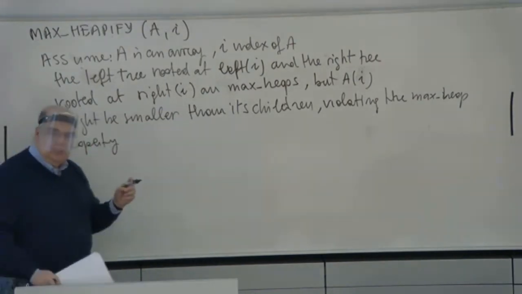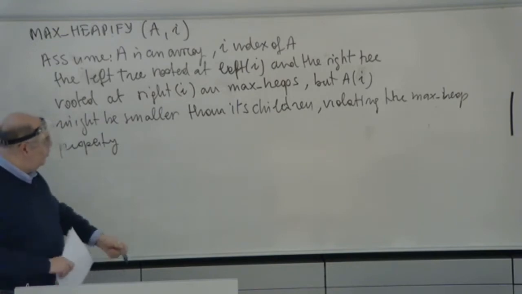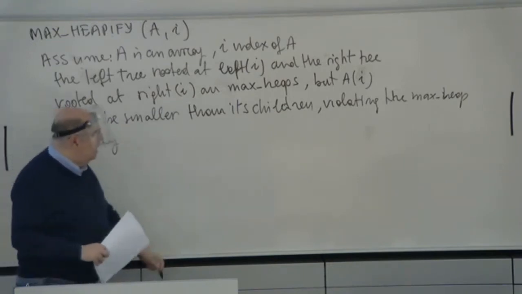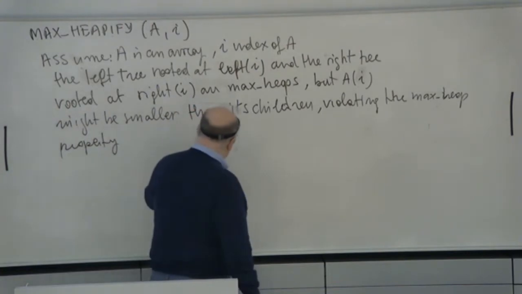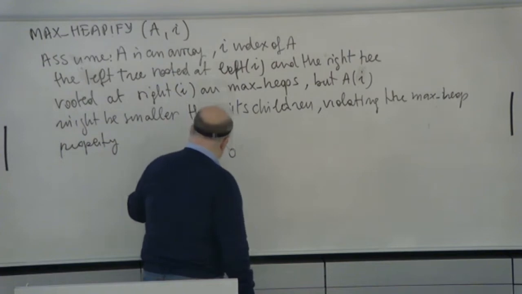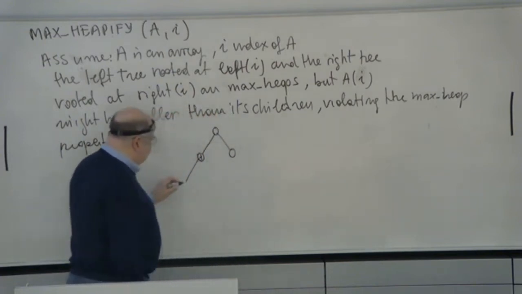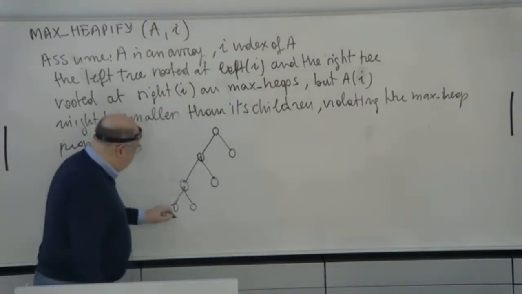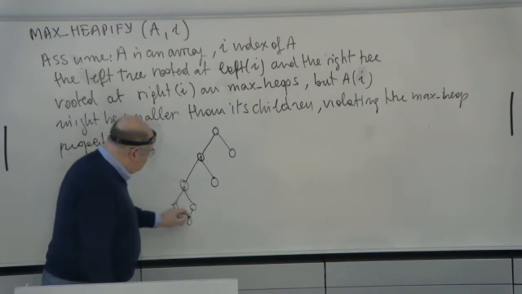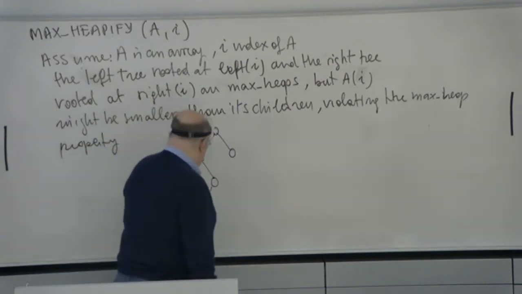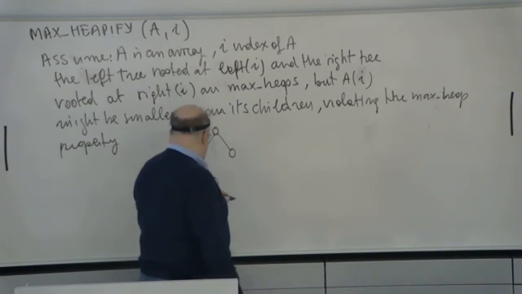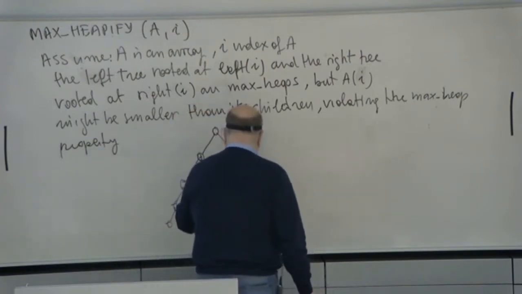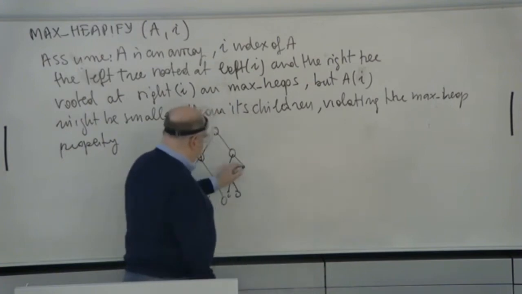So the idea is this algorithm, the algorithm that I want to show you, works in this way. You are at a node in the tree, say here, for example, this is I, and you have a left subtree which starts here and the right subtree which starts here. You might have many nodes here, and of course, if you have nodes there, then you must have nodes also here. I'm not filling the whole thing.